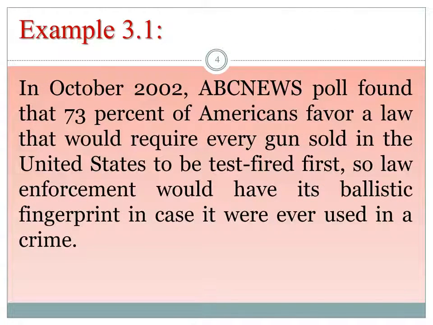Alright, so this is a simple example. In October 2002, an ABC News poll found that 73% of Americans favor a law that would require every gun sold in the United States to be test fired first, so law enforcement would have its ballistic fingerprint in case it is ever used in a crime.